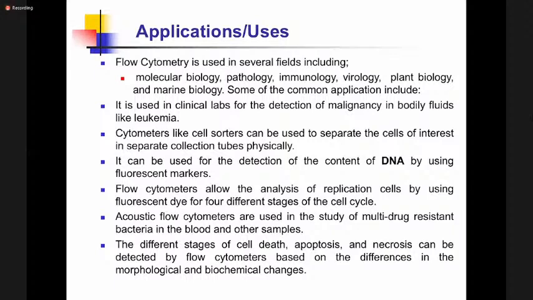I've mentioned also that fluorescent flow cytometry can also be used to detect the content of DNA in the chromosome, by using fluorescent markers which are labeling or targeting or can detect this DNA within the chromosome.